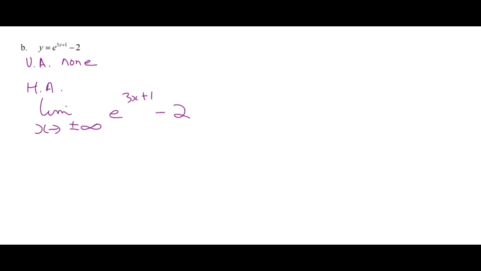So there will be no horizontal asymptote as we go to positive infinity, right? So what we really need to look at is the limit as x approaches negative infinity. Okay, and what's that going to be equal to? -2. Yeah.